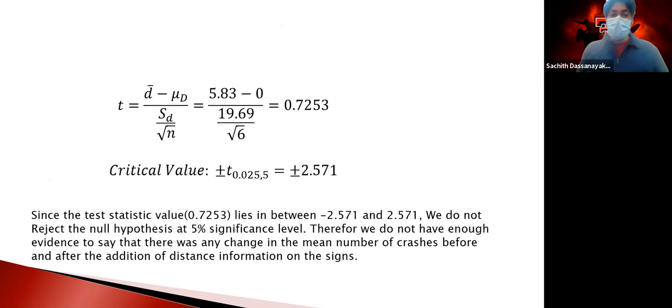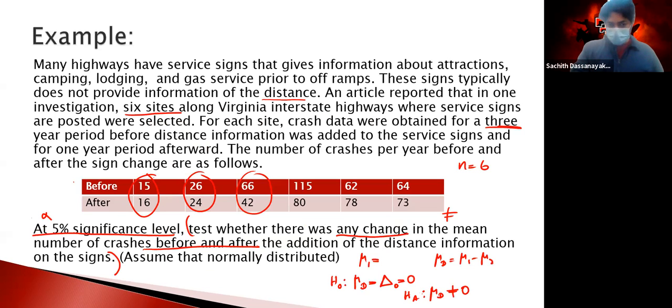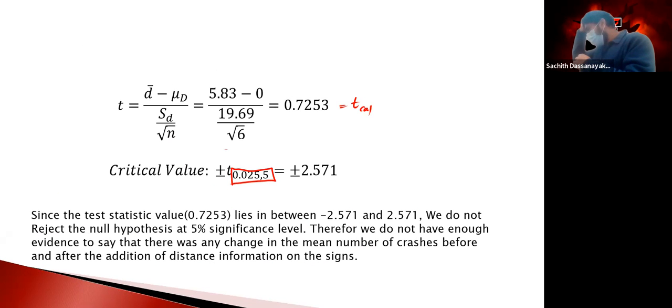Calculate it and you will see that the T calculated value is this much. You can use the critical value approach, that's the easiest way. The critical value for alpha is 0.05. For the two-tail case, we divide alpha by 2.